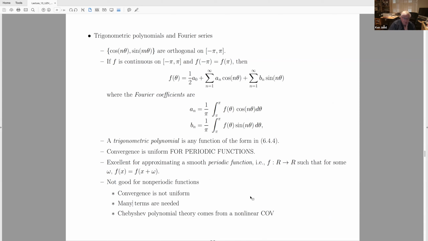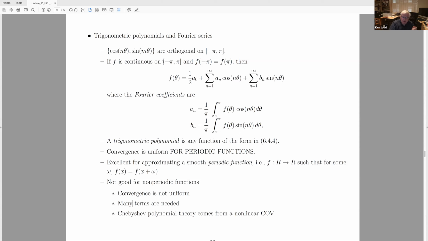Now, those of you who have studied time series econometrics, and I'm not one of those people, will be familiar with trigonometric polynomials and Fourier series. Now, the key fact is that the functions cosine n theta and sine m theta, that whole set of functions, are an orthogonal collection on -pi to pi.